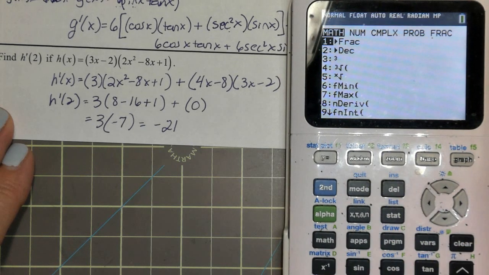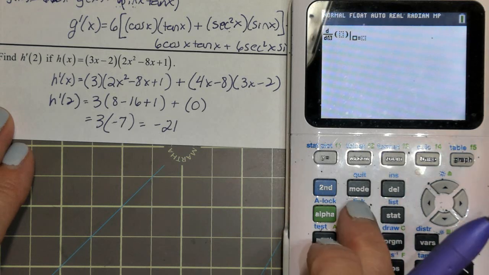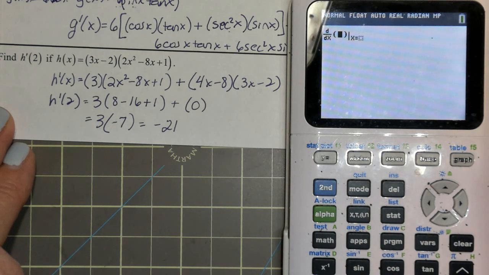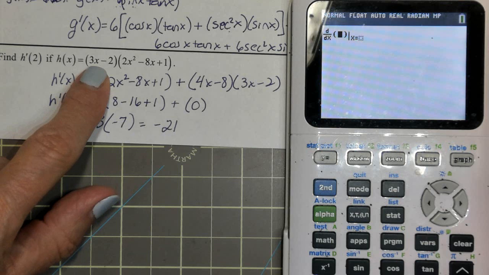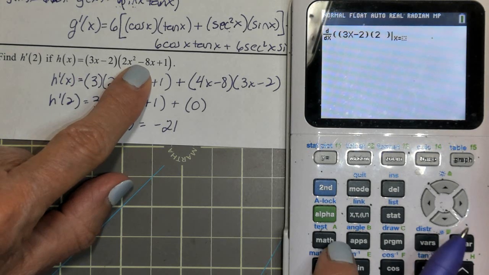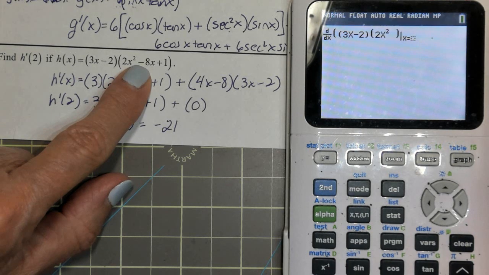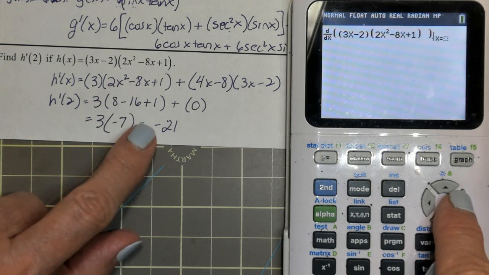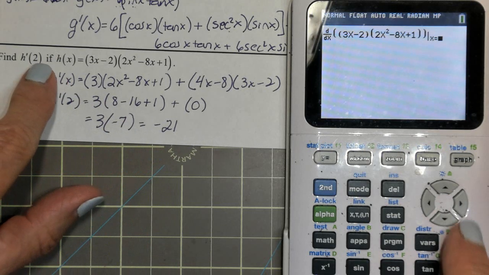Math 8 with respect to x of parentheses 3x minus 2, close that parentheses, times a new parentheses, 2x squared minus 8x plus 1, close that parentheses, and we are evaluating it at 2.